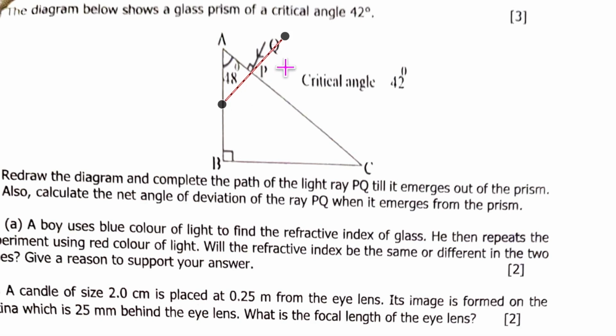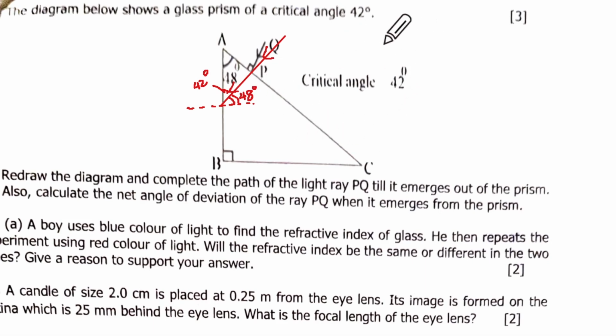If it is entering at right angles, it will go undeviated. The arrow must be seen everywhere. Now you will show the normal. If this is 48, show this angle as 42 degrees. So this angle becomes 48 degrees.